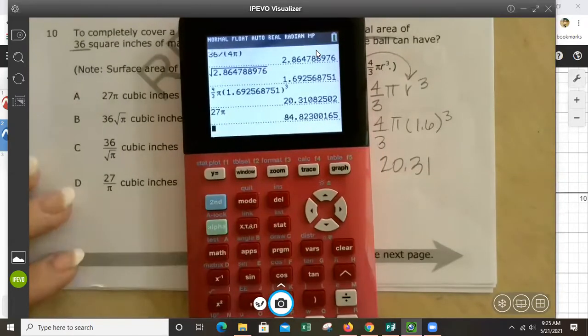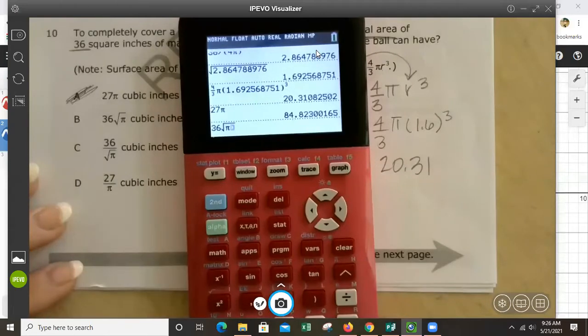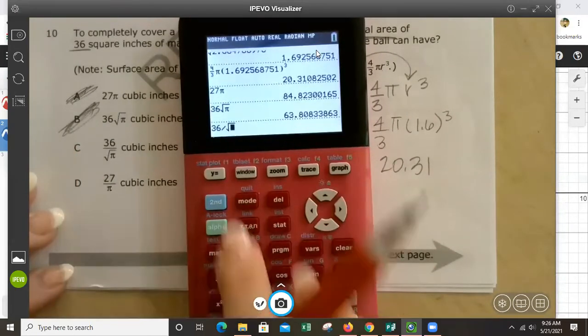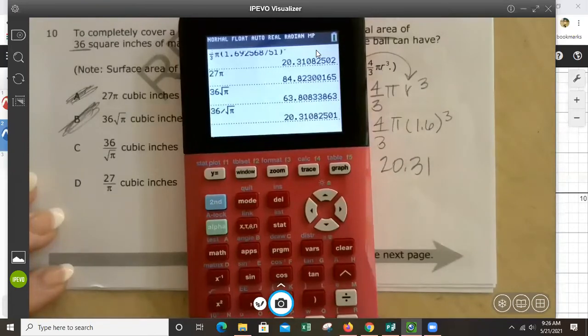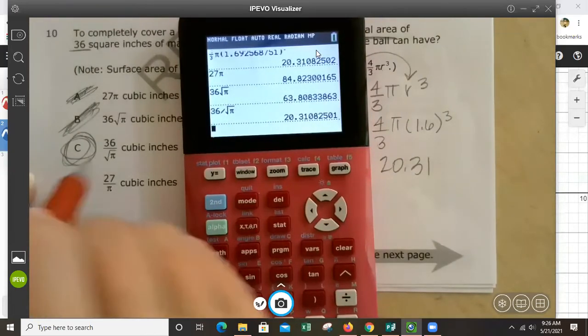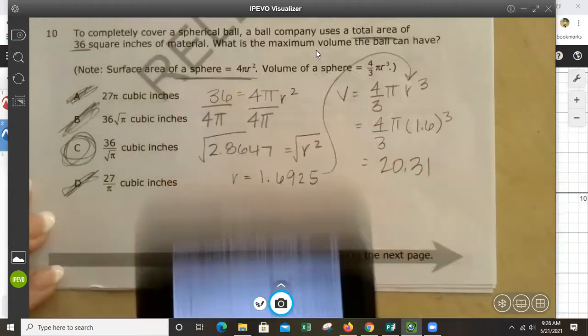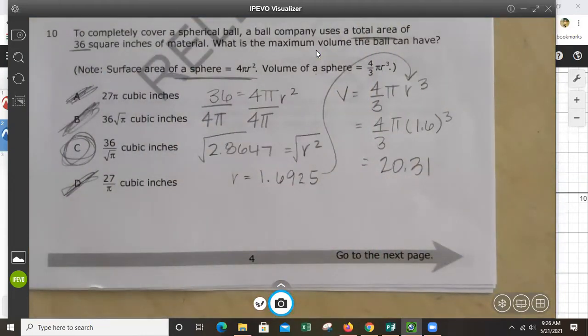We got 84, so we know that's not right. 36 square root pi is 63, that didn't work. 36 over the square root of pi, 20.31. 27 over pi is 8 something. What's up? Any questions? If it's a fill in the blank kind of thing, like type in your answer, they'll accept either answer. So don't stress about it has to be in this form or it has to be in that form. All right.